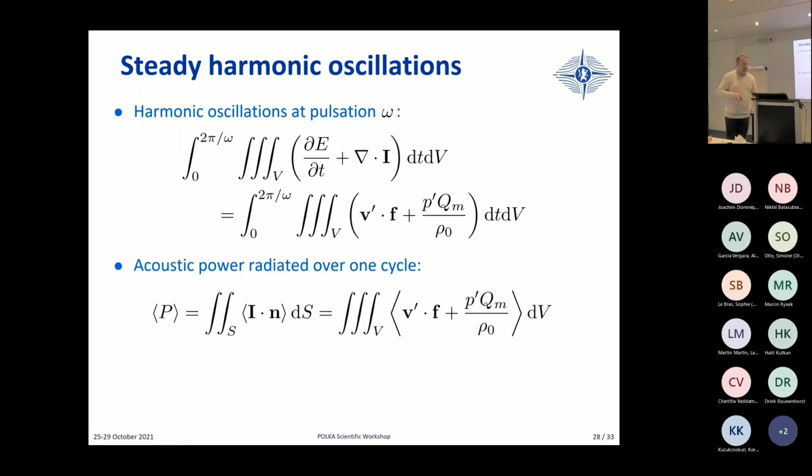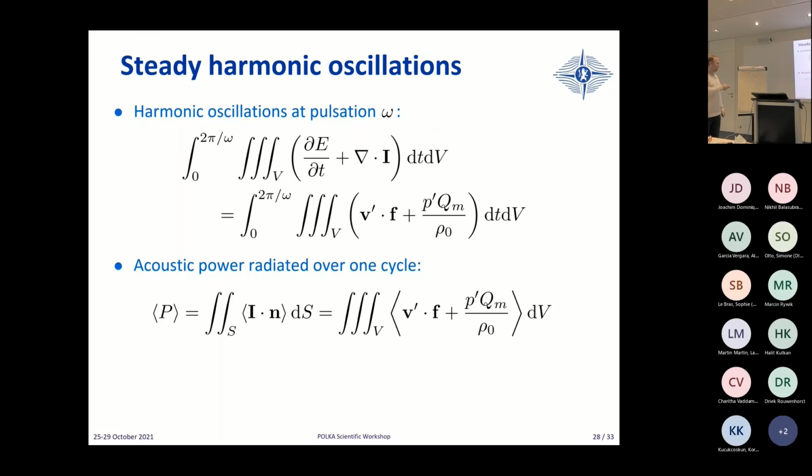This notation in here, this opening, means cycle integral. Whenever you see this, you must understand integral from 0 to 2 pi over omega dt, just to lighten the notation a little.